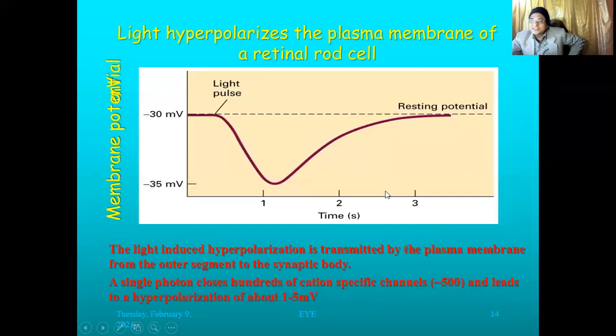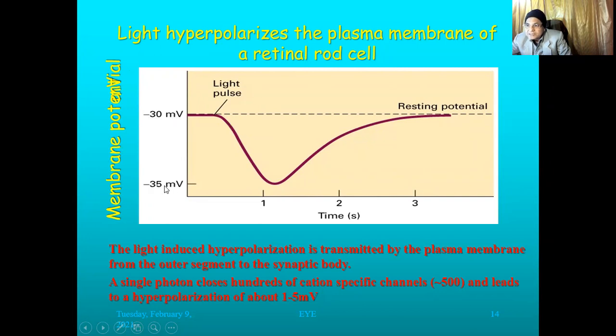Now, this diagram is important for us, being students of physics, unless we have a diagram of the voltage potential. It seems that we are not doing it just through discussion. So light hyperpolarizes the plasma membrane of a retinal rod cell. This is the membrane potential. The membrane potential is, you see, minus 30 millivolt.